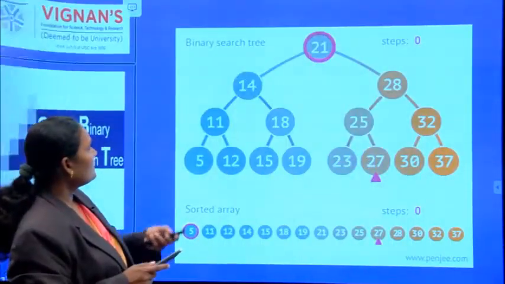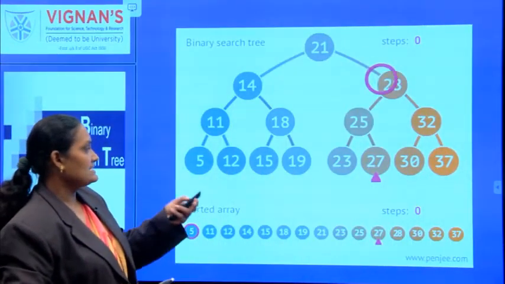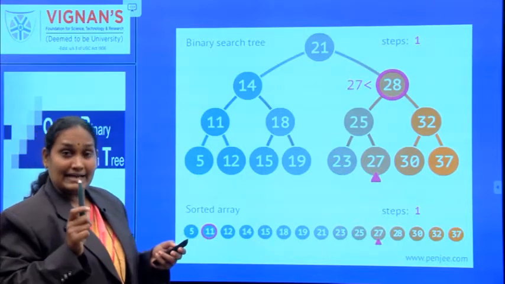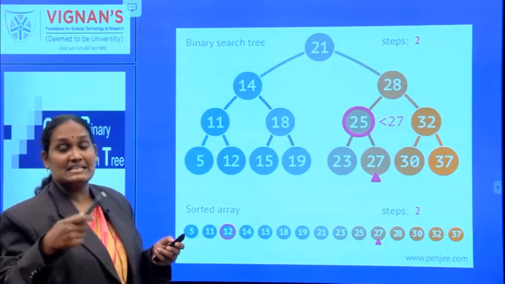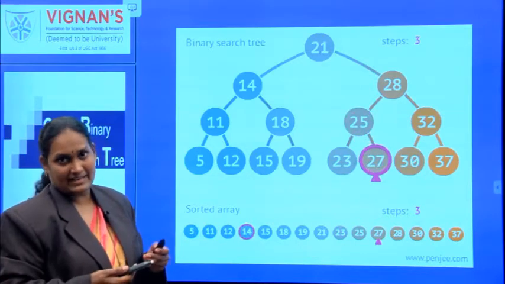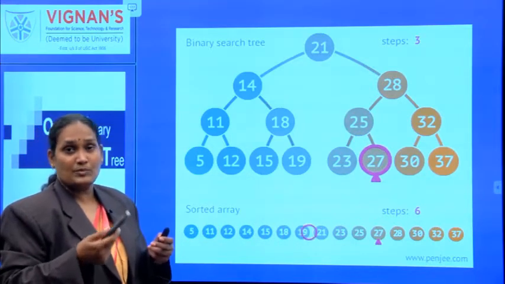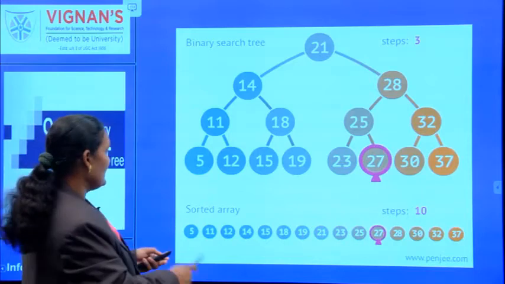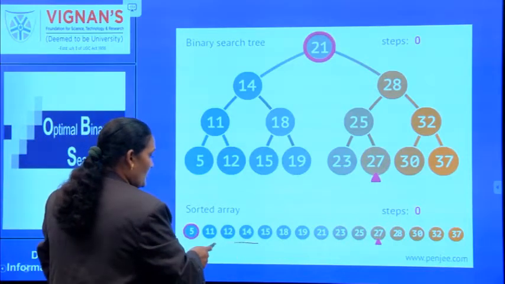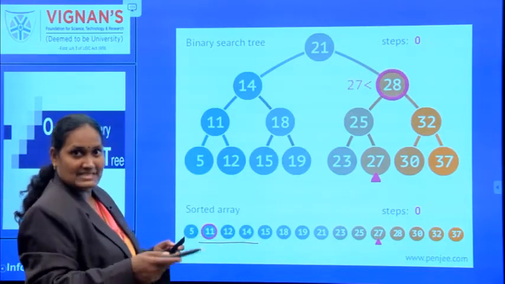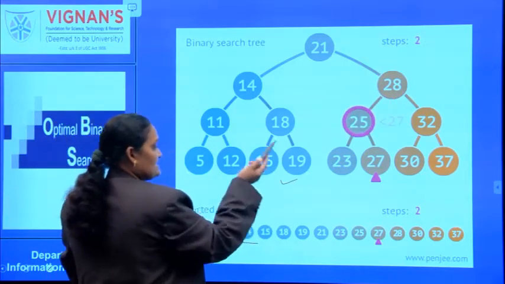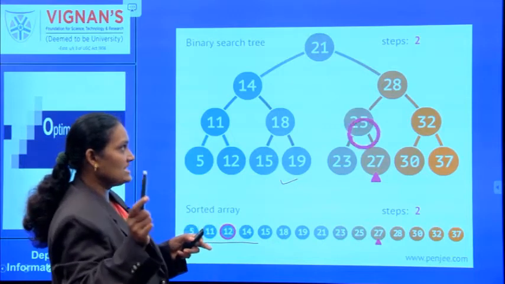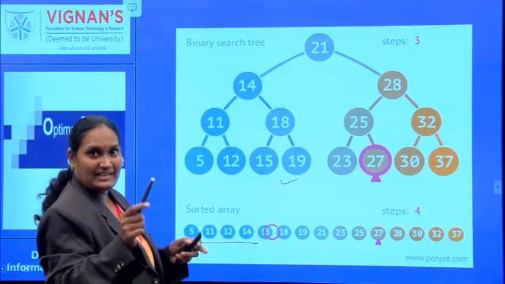Now you can see an example of a binary search tree, and I am saying that a binary search tree is efficient in searching. Why are we considering the binary search tree? Because its searching process is efficient. Consider a small sorted array, and compare searching an element in the sorted array with searching in a binary search tree. I am going to search for the element 27.